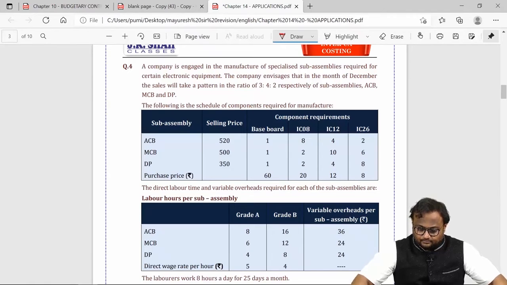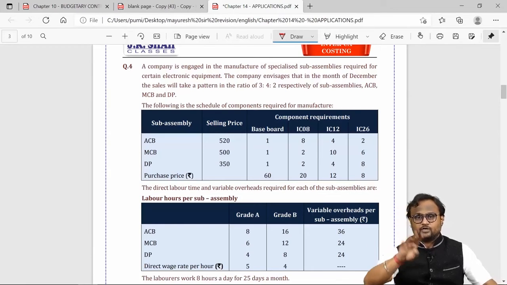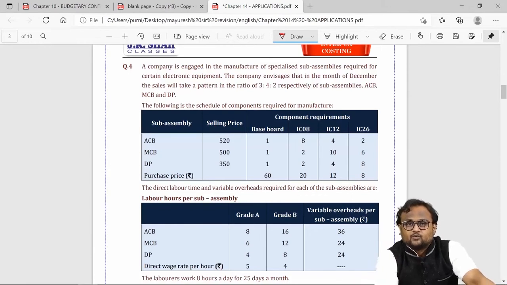So 3 different types of finished goods were required to be produced by consuming 4 different types of raw materials. This was required in this question.